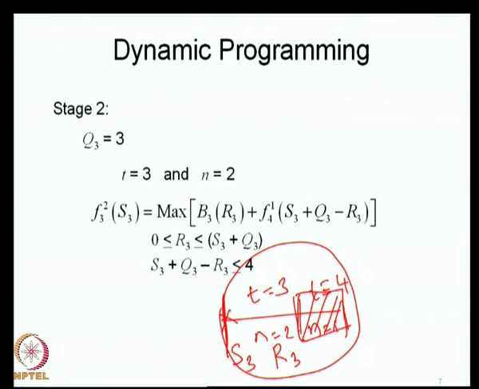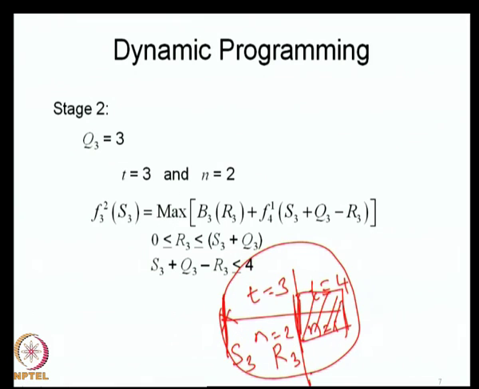Because we have already solved for various possible values of S4, we know that the moment you know S4, we know the optimal objective function value. We get this S4 from the storage transformation equation, namely S3 plus Q3 minus R3 will define the storage at this particular time, neglecting losses.